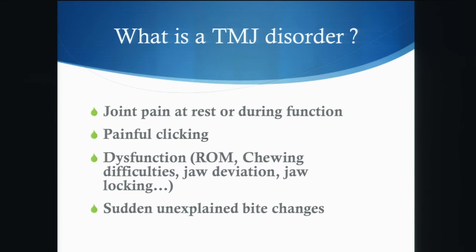It can also be just a dysfunction, like a limited range of motion, or a jaw deviation such as this, like when you open, you go to one side, or you are unable to go from one side to the other. Or a sudden unexplained bite change, like you wake up and your jaw is to the front or to the side. Those are considered TMJ disorders.